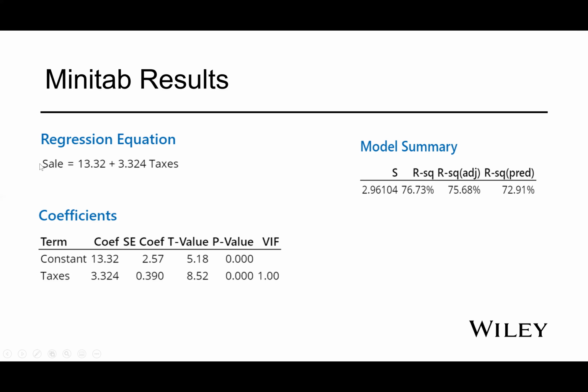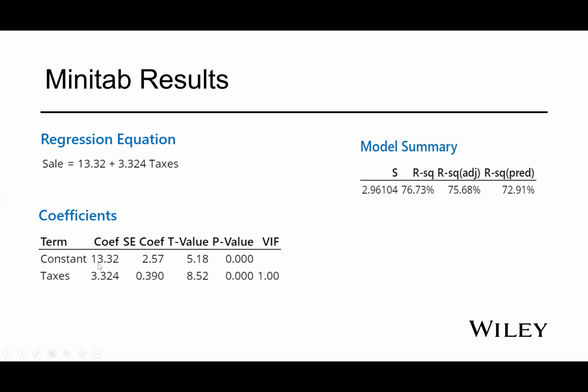So when you go to put data in Minitab and it asks you which column is the response data and which column is the predictor data, your predictor data is your X, your response is the Y, which means given a value for taxes, we could predict the sales price. Now, if you jump down to the next group, you see coefficients here. So again, these are the coefficients.